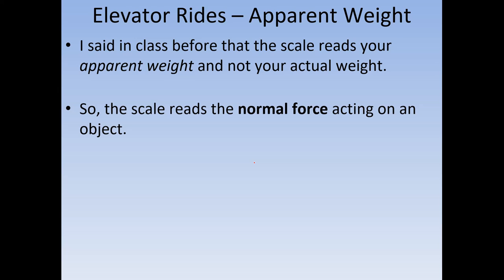So the normal force, the force that the scale is providing, has to balance both the FG force and this additional applied force. So it's important to remember that when you see the words apparent weight, the feeling of weight, or a scale reading, they're referring to the normal force.